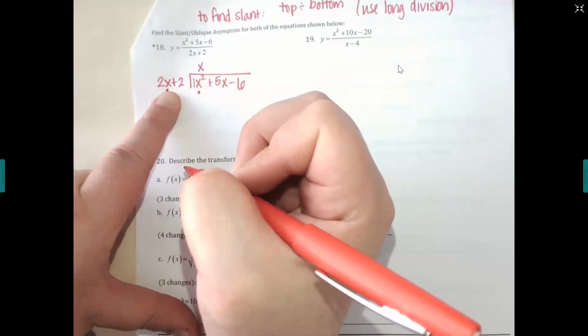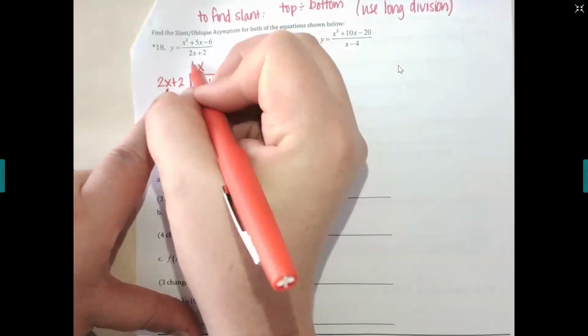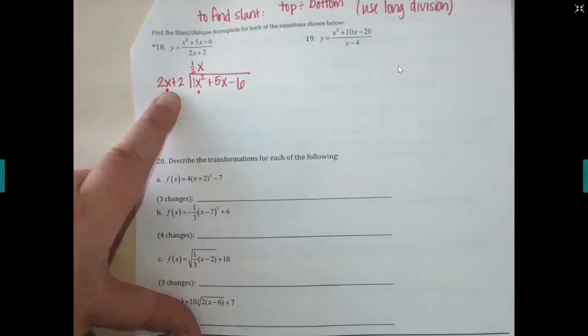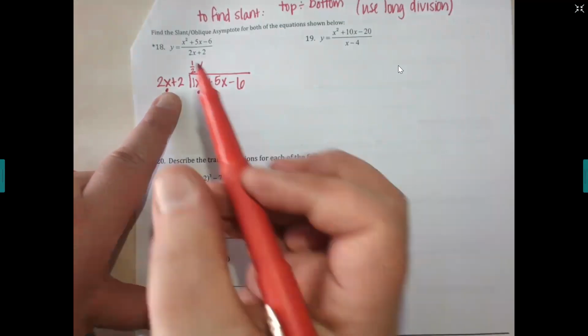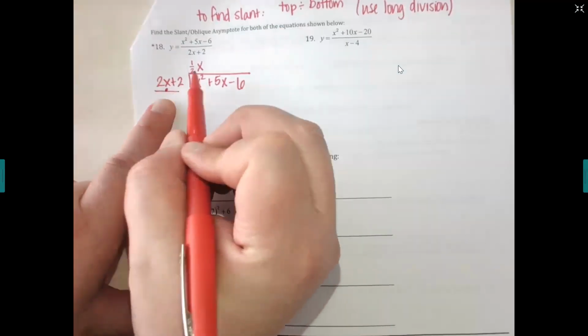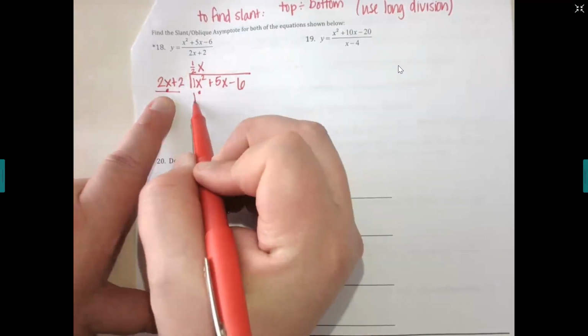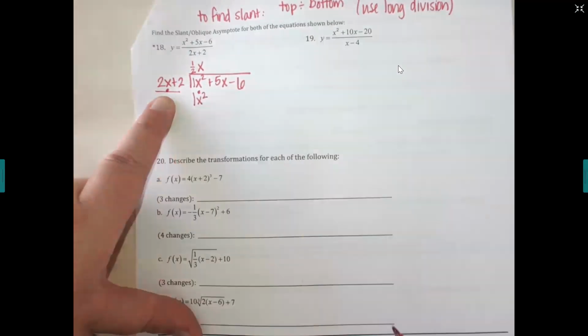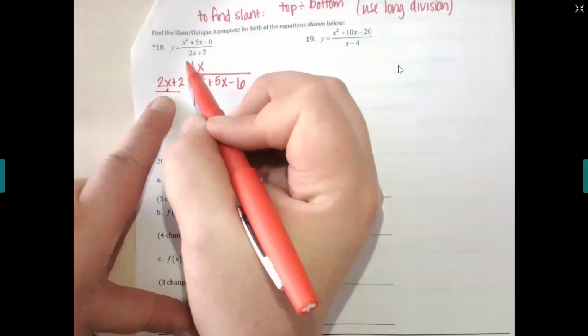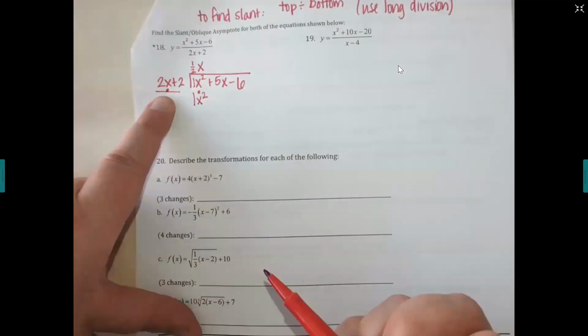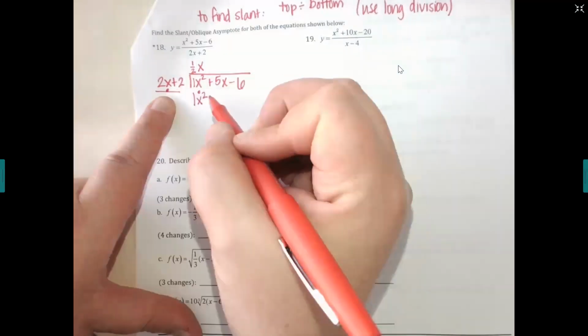It'll be a fraction. 1/2 x, very good. Okay, so 1/2 x. Then remember, once I pick my multiplier, I'm gonna multiply it right here. So what's 1/2 x times 2? Well, half of 2 is 1x squared. What about the 1/2 x times the regular 2? That would be a 1x, very good.